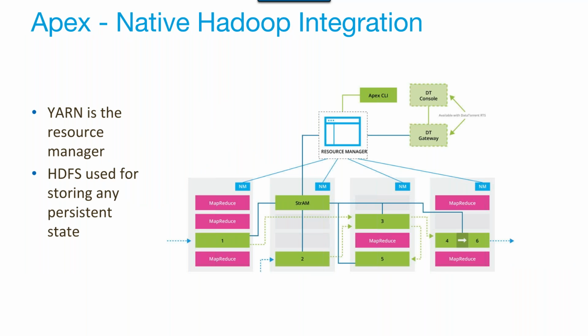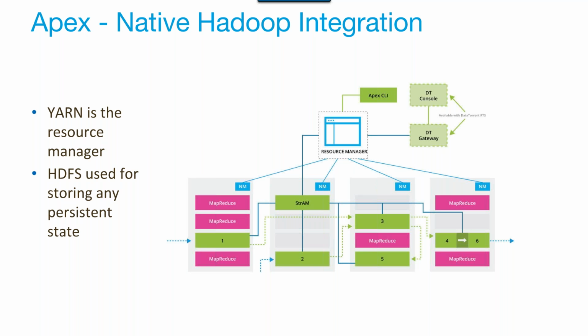Now let's see how Apex has native Hadoop integration. Let's take a 4-node cluster. Here, the rectangles are the four nodes of the cluster. Once you launch an Apex application, it is deployed into the cluster, and the cluster might look like this.